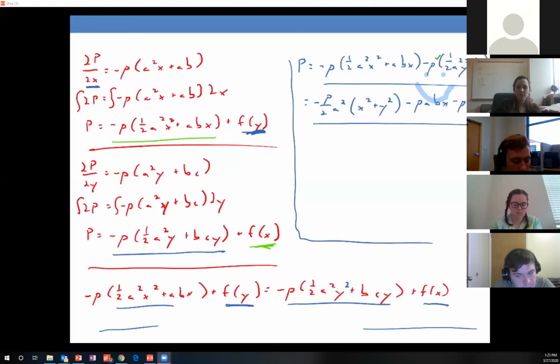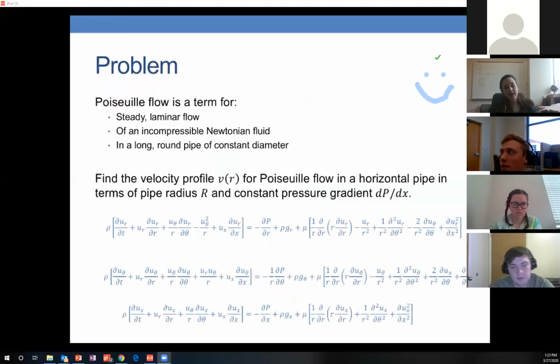All right, so now we're going to find the velocity profile in a pipe. We have talked about flow in a round pipe before, and I would just give you the velocity profile. And we did a few different kinds of problems that used the velocity profile to find something else.